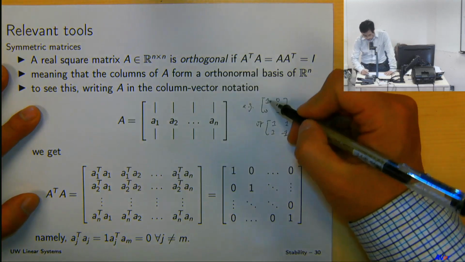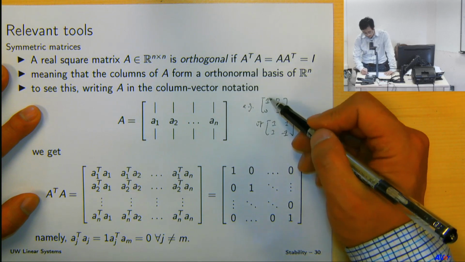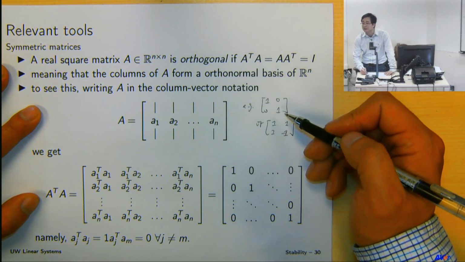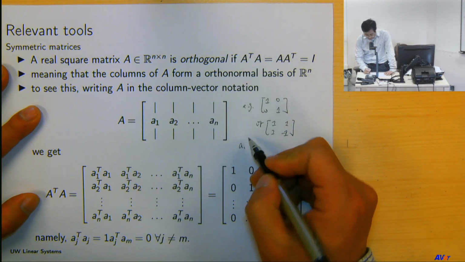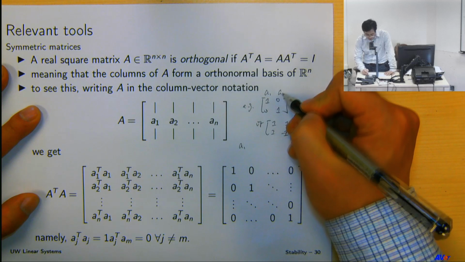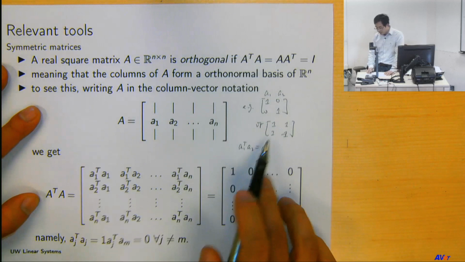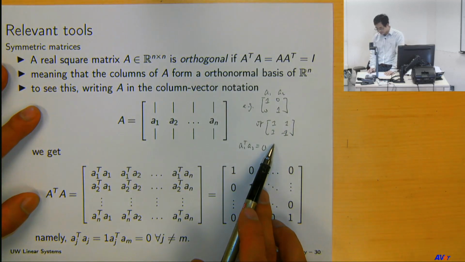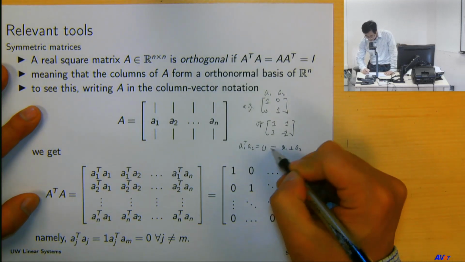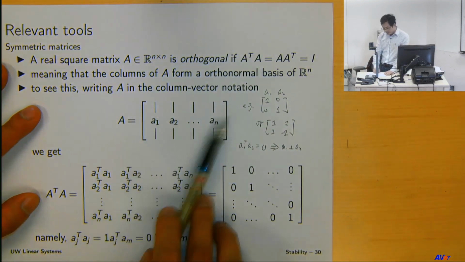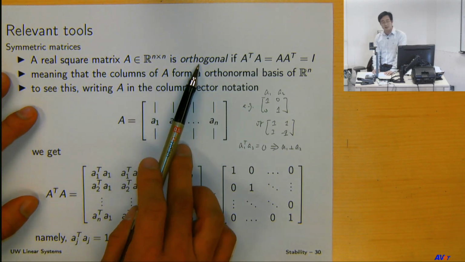Perpendicular means that if you multiply these columns out, the dot product of these columns gives you 0. Using the notation here, A1 is the first column and A2 is the second column, then A1 transpose times A2 is 0 for both of these matrices. So A1 is orthogonal to A2, and if this happens for every column of the A matrix, then A is called orthogonal.